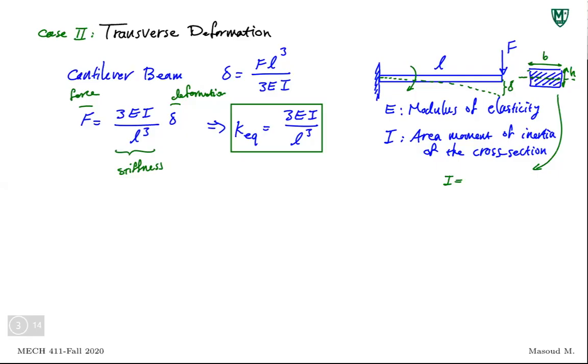That's fine if you don't remember. I'm just curious if someone remembers that relationship. Given the width and the height of the beam, what was the area moment of inertia for this area?